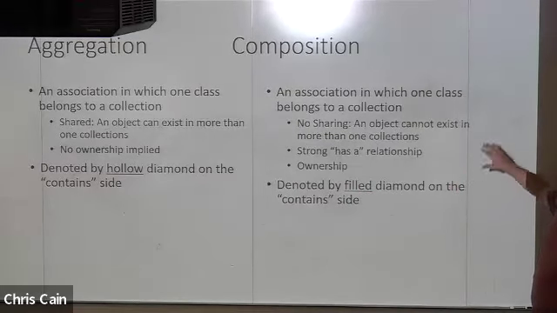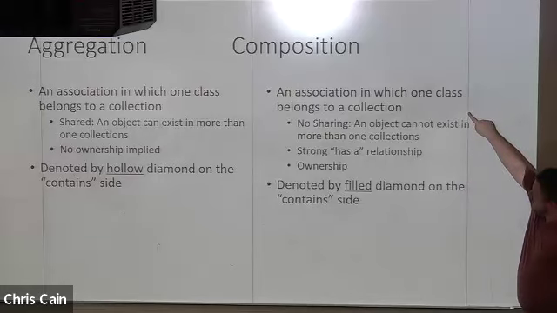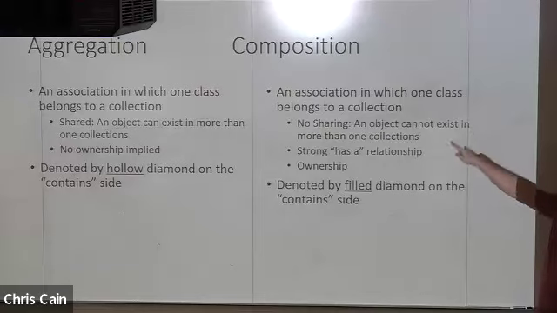Composition, on the other hand, again, one class belongs to a collection, so this is the same between both an aggregation and a composition. But in a composition, there is no such sharing. There cannot be 2 different objects that have the same object in each of its collections. So there's a particular ownership or has a relationship between the collection and the collectee.